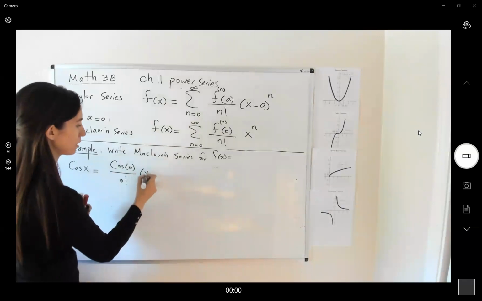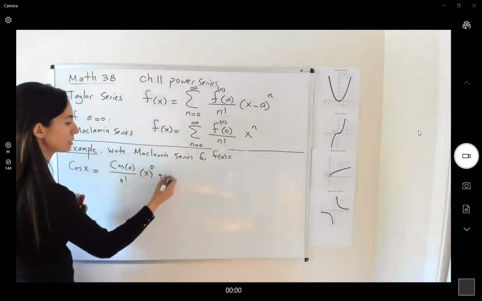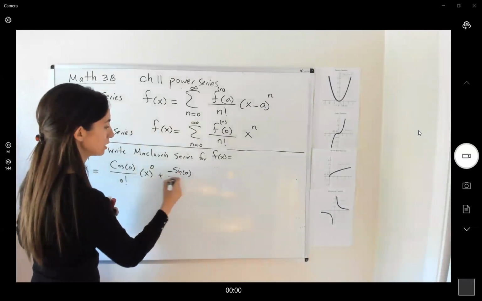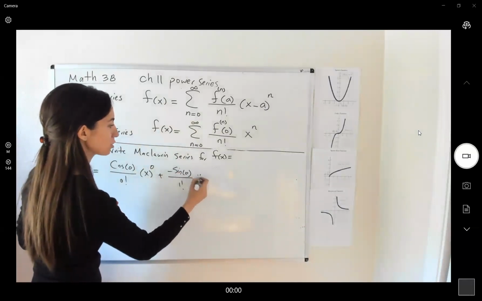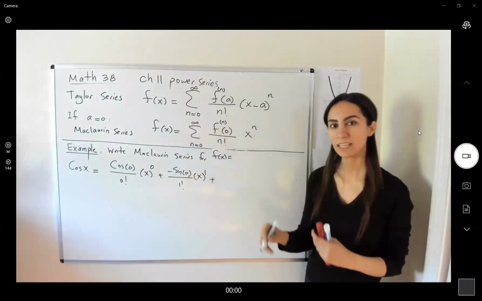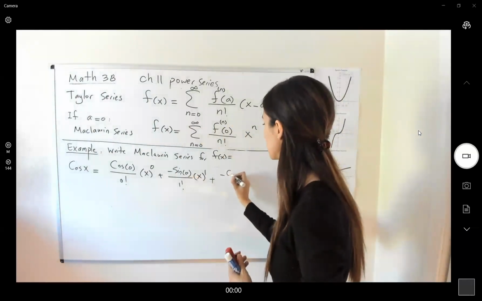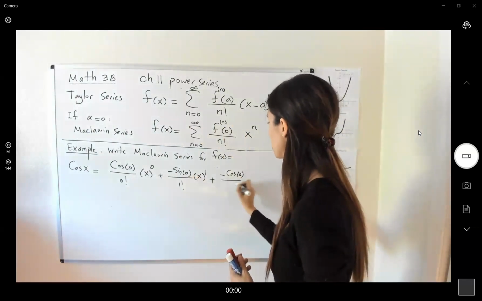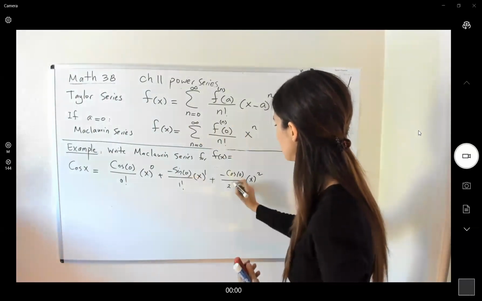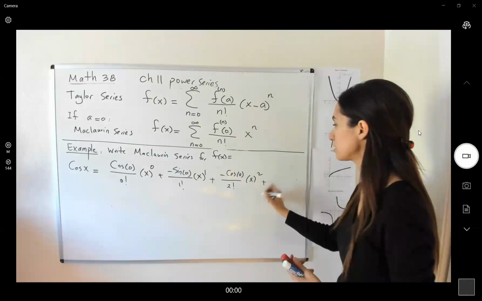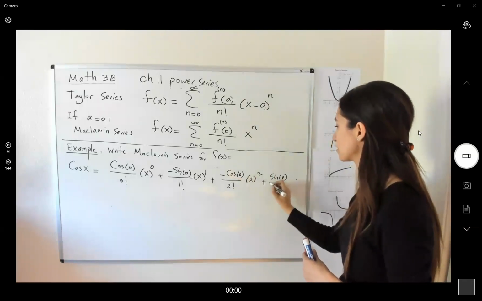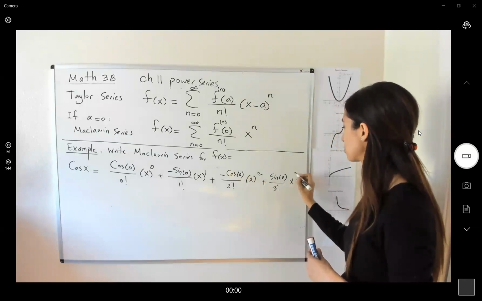Let me write down the whole thing. x raised to 0 plus the derivative of cosine, which is negative sine 0 divided by 1 factorial x to the first power plus the derivative of negative sine is minus cosine at 0 divided by 2 factorial x to the second plus the derivative of negative cosine, which is positive sine of 0 divided by 3 factorial x to the third.